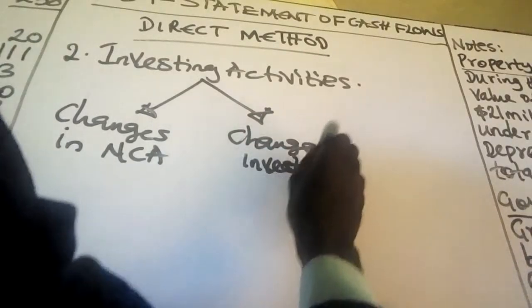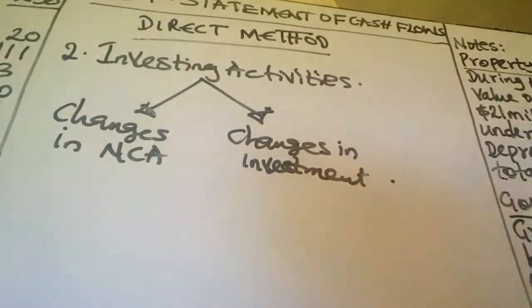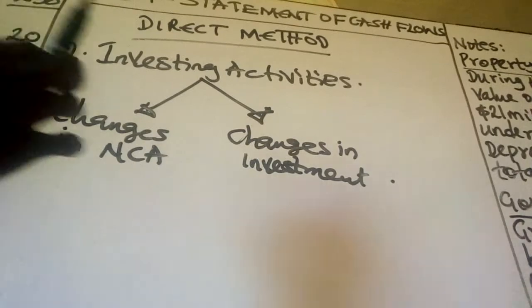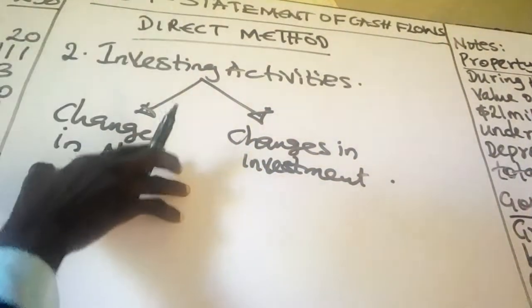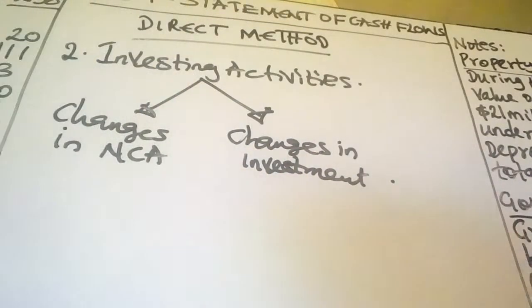So the moment you get to investing activities, you go to your statement of financial position and calculate the changes in your non-current assets.